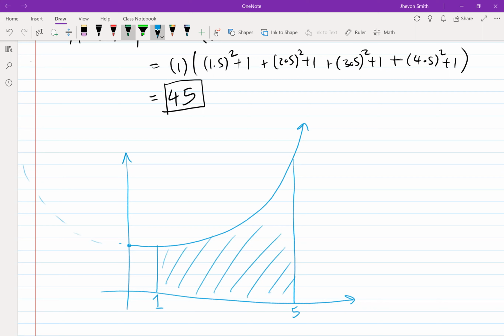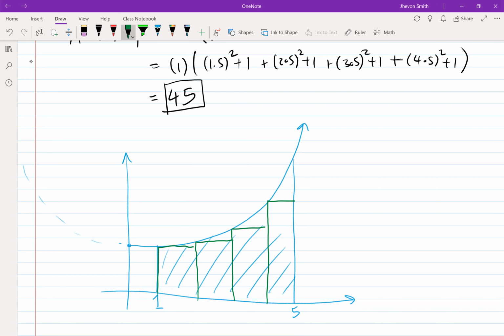Now, of course, the left hand, you would expect it to give you something smaller than the actual area.